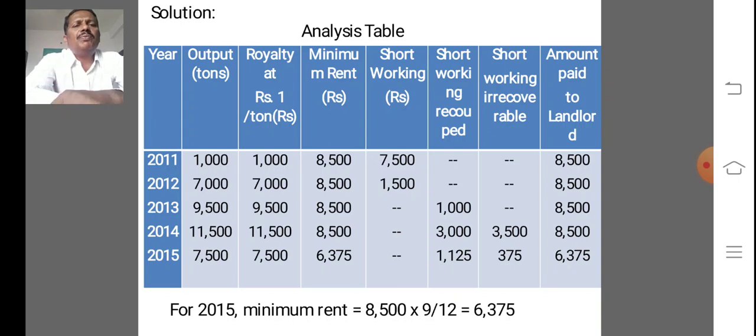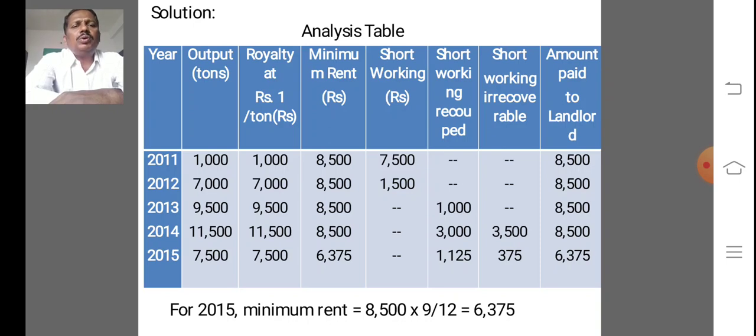Now in 2014 we have surplus of rupees 3,000. 3,000 is recovered and remaining balance 3,500 is not recovered because time is over. And finally balance payment to landlord 8,500.